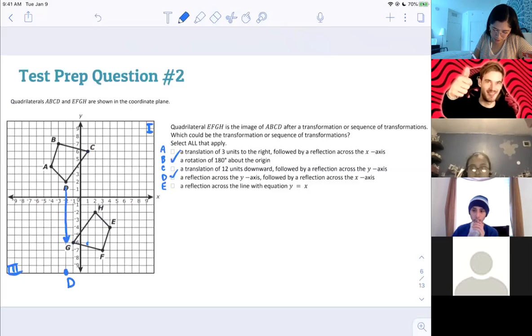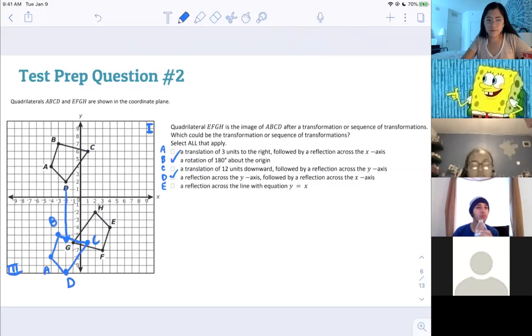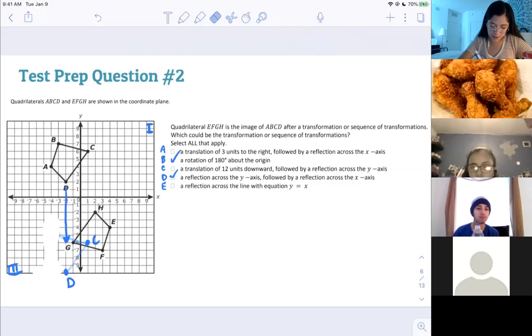C would be here. A would be 4 plus 8, right? So here. And B would be here. So you can kind of tell just from that, that's not going to line up correctly. So C is incorrect.